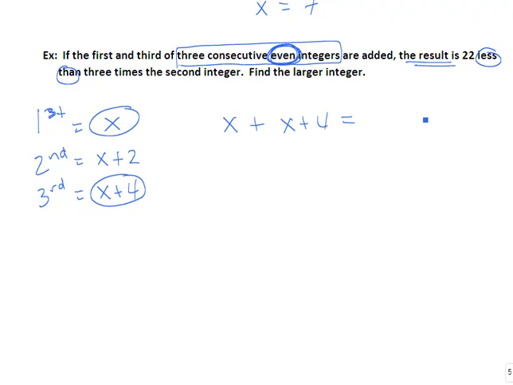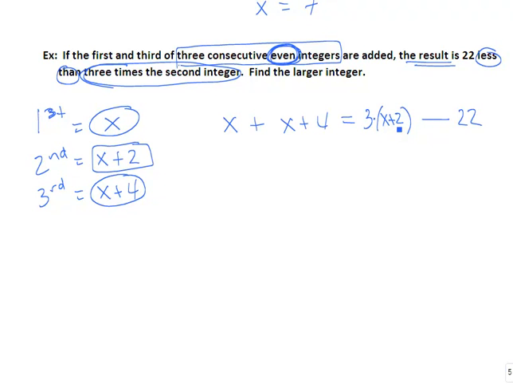So less than means subtraction. However, since the 22 came first in words, it's actually going to come second after the minus sign. So we're taking 22 away from something. What are we taking it away from? 3 times the second integer. So 3 times the second integer was x plus 2. And I'm going to wrap that in parentheses because I want 3 times that whole number.